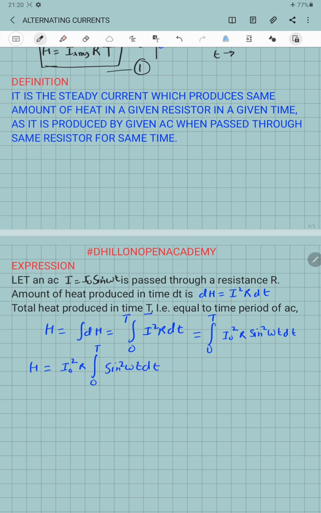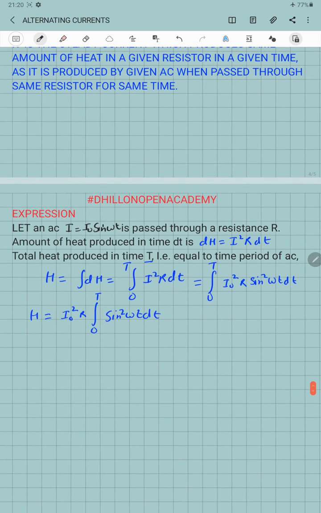Now, in order to evaluate this integral, we can write sine square theta as 1 minus cos 2 theta over 2. So we will have 1 minus cos 2 omega t over 2 into dt.